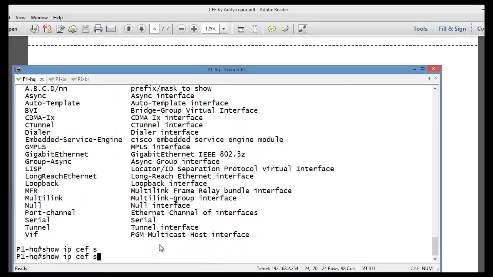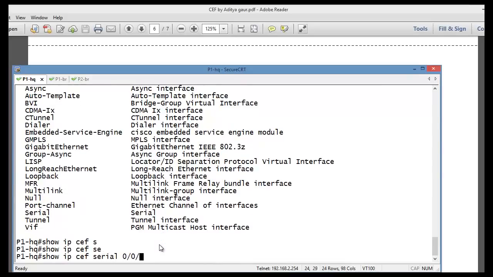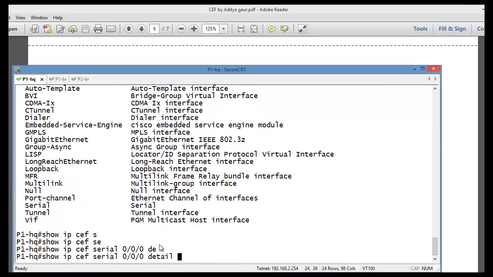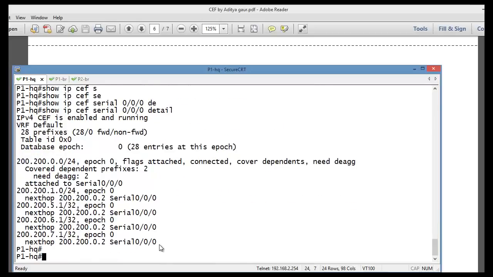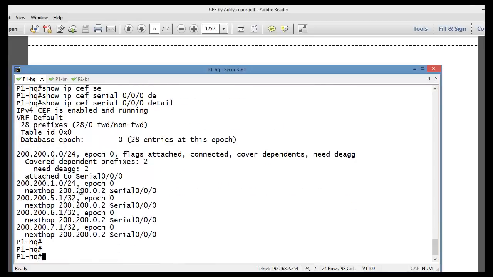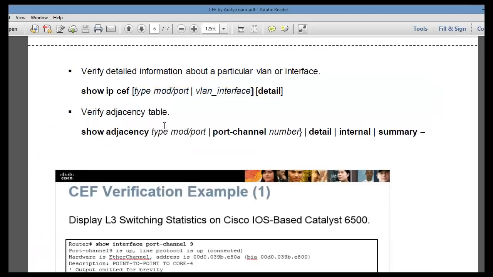Right now I'm going to use serial 0/0/0, and then after it the parameter detail. It's also going to tell us all the information we have, how many prefixes we have, 28 prefixes, the networks, and what they belong to. So you can again verify the dependent prefix and all those things.